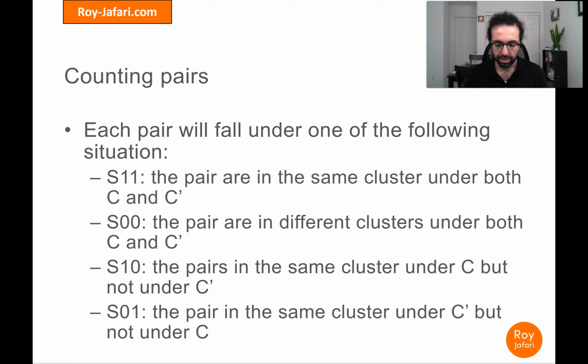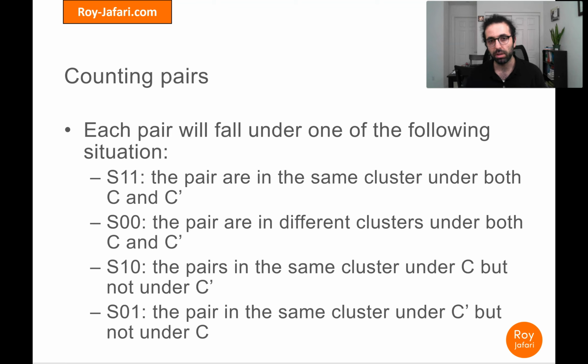We notate one situation with S11, meaning that the pair are in the same cluster under both C and C prime. S00 means the pair are not under the same cluster under both C and C prime.